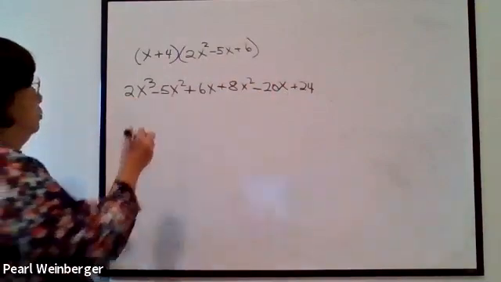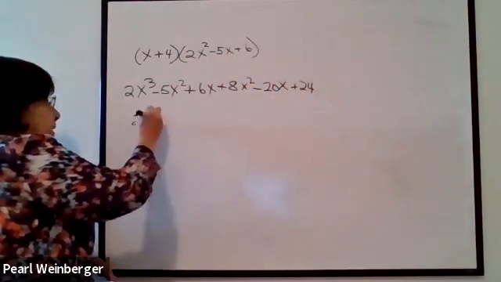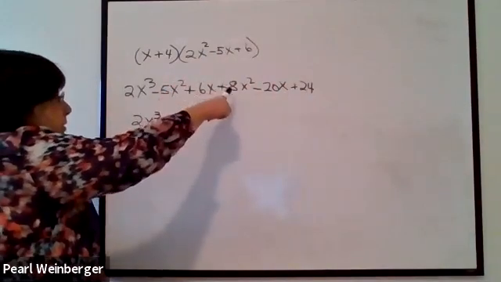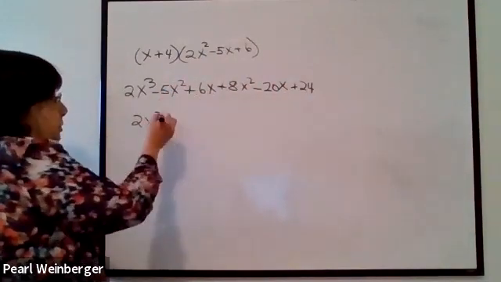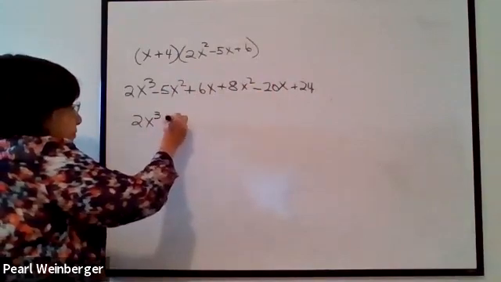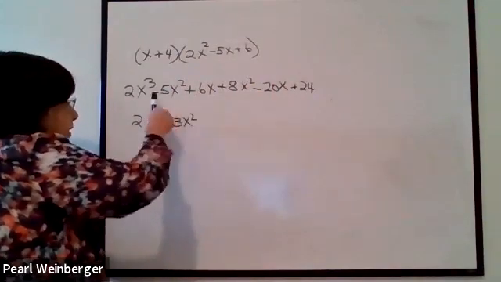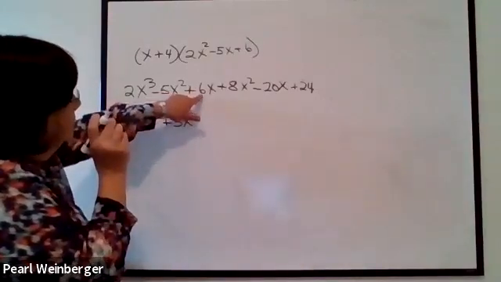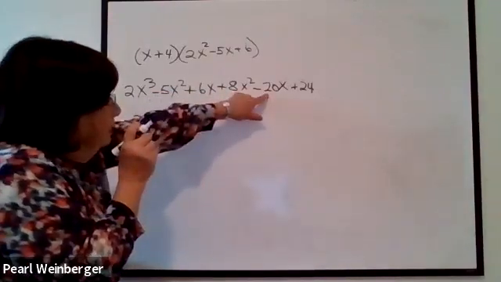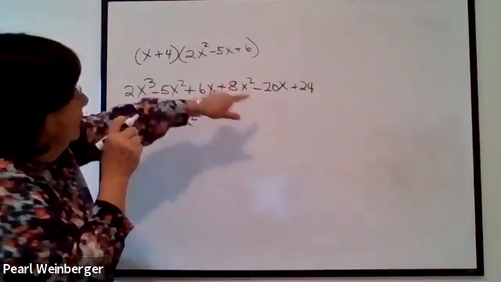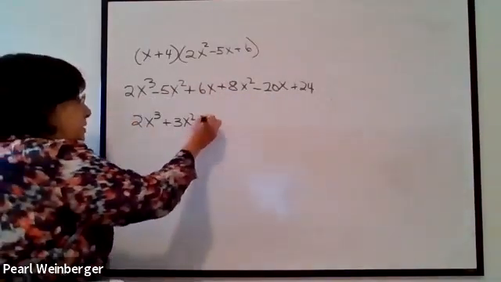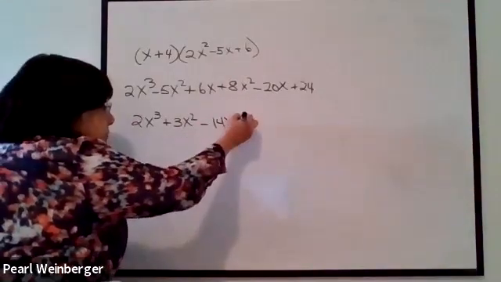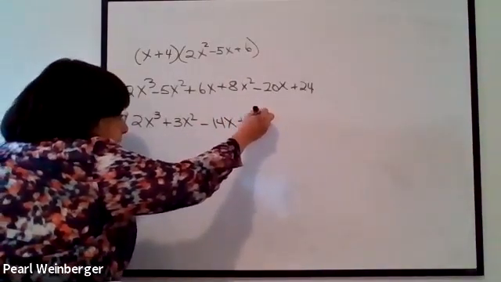There's only one 2x cubed term, so that comes down. Then negative 5x squared and positive 8x squared give me positive 3x squared. The positive 6x and the negative 20x give me negative 14x. And there's just the 24, nothing to combine it with.